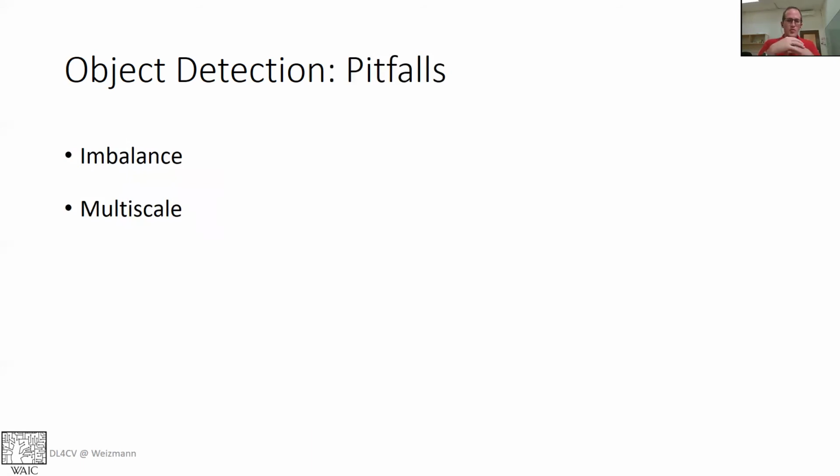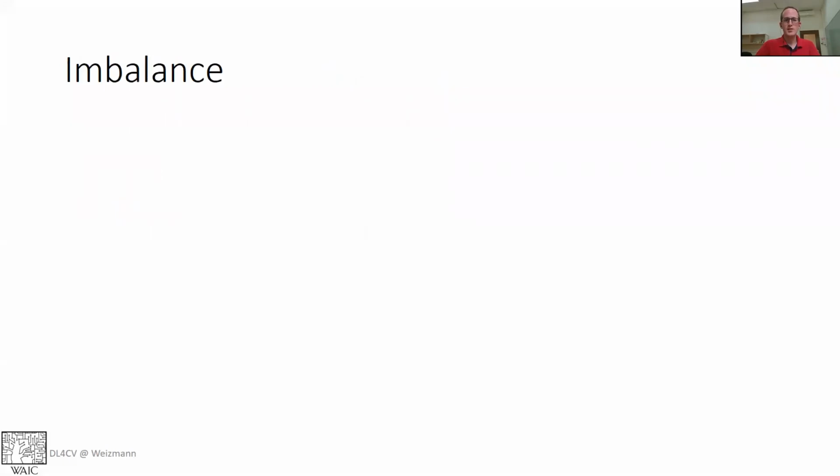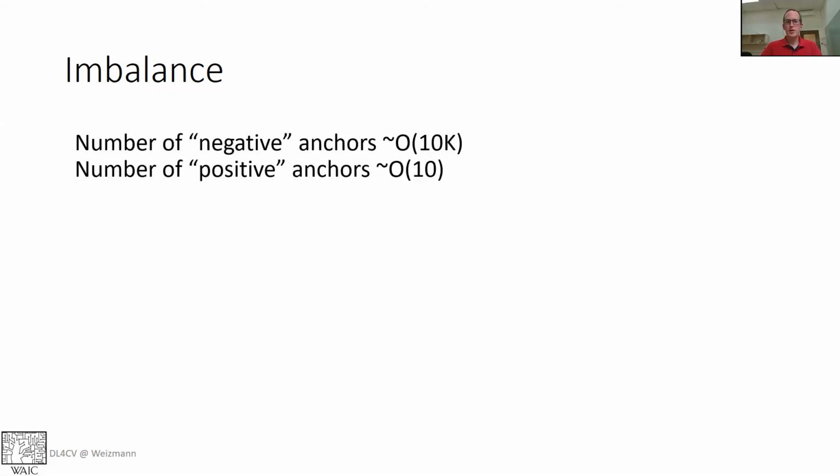But now we have a significantly imbalanced data set. We have many more negative and background proposals than foreground objects in the image. For instance, we can have a few thousand, tens of thousands of negative anchors and only on the order of tens of actual objects in the image.